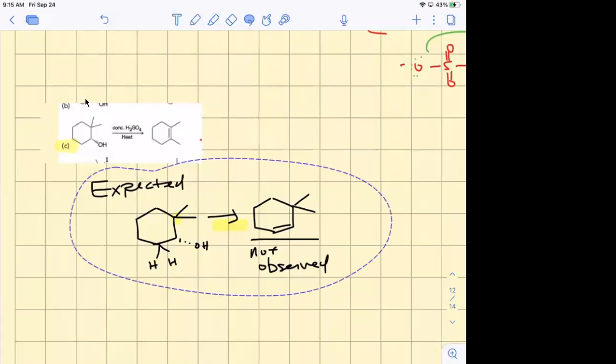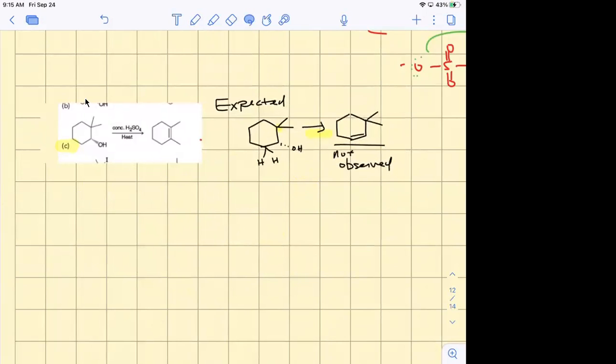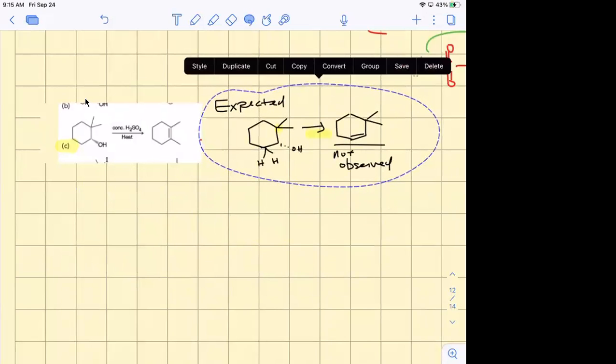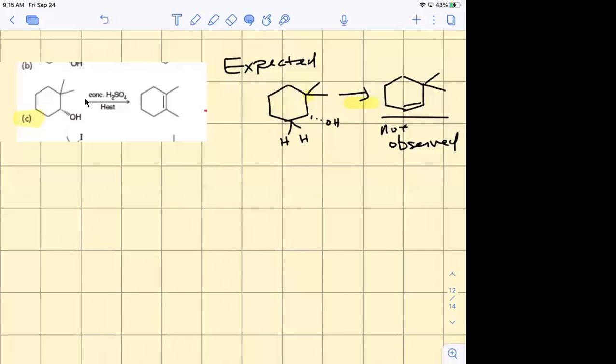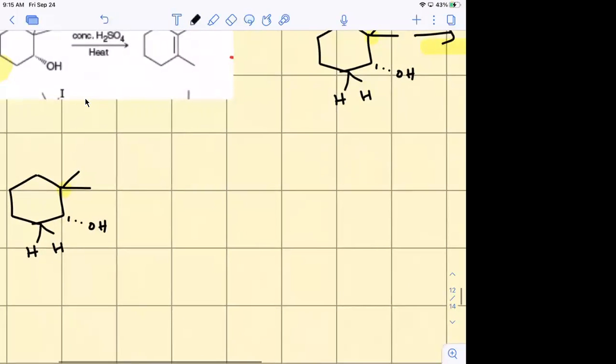All right, look at the product that we do get. And we're going to go through this mechanism to find out what happened. So let's do that. Right, what's the first thing that's going to happen here with that sulfuric acid? Is anything different going to happen than what happened in the first example?